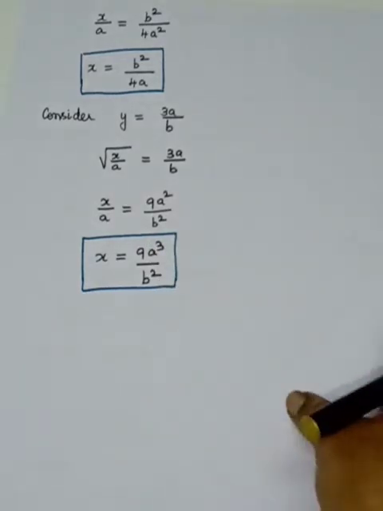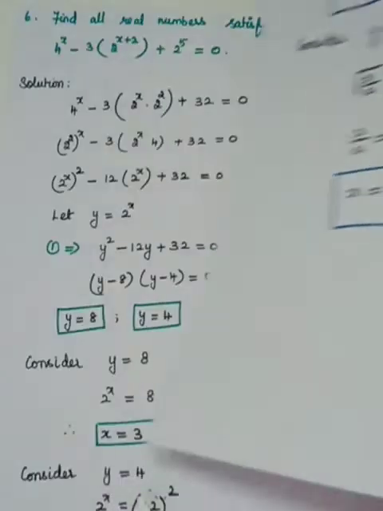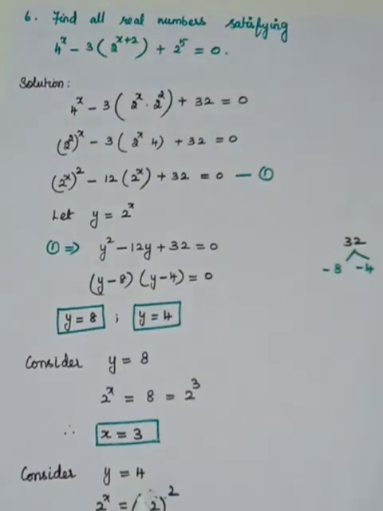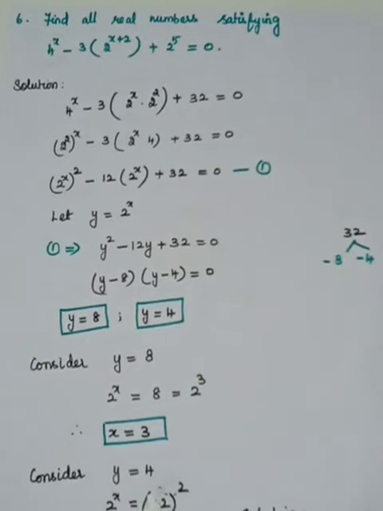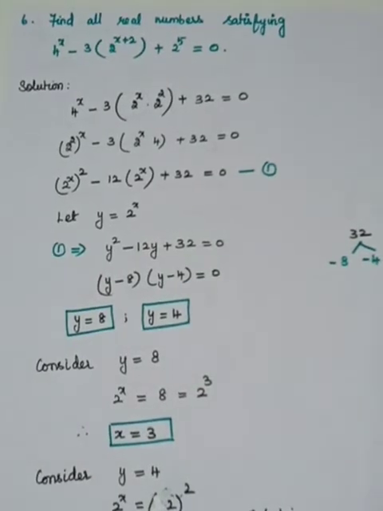So we have found the solution. And coming to problem number 6: find all real numbers satisfying 4 power x minus 3 into 2 power x plus 2, plus 2 power 5 is equal to 0.